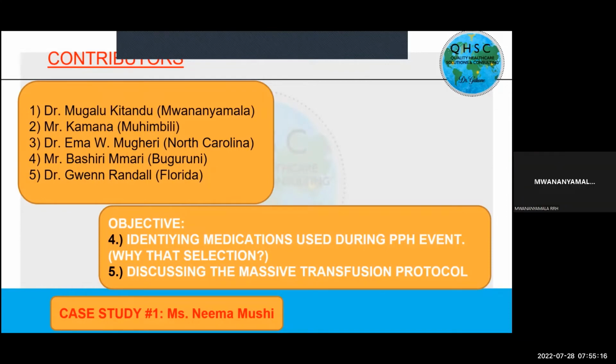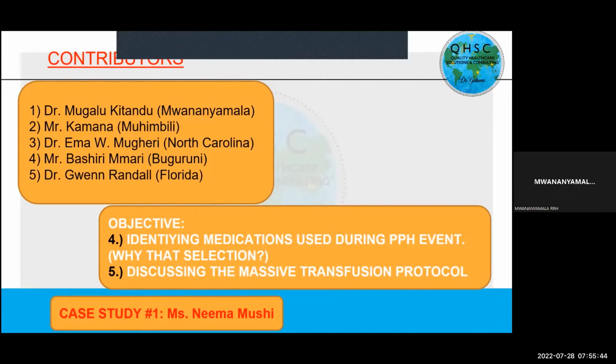At our setting, the medications that are readily available for PPH is first oxytocin, that we also use during the management of third stage of labor. But apart from oxytocin, when the uterus still doesn't contract, we usually use misoprostol, a prostaglandin.